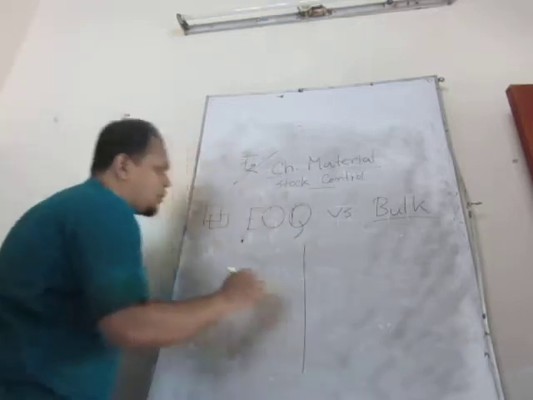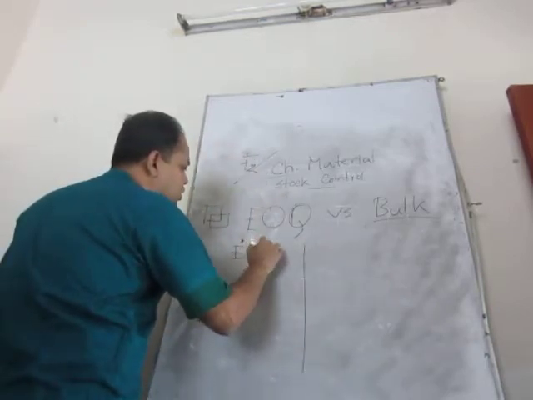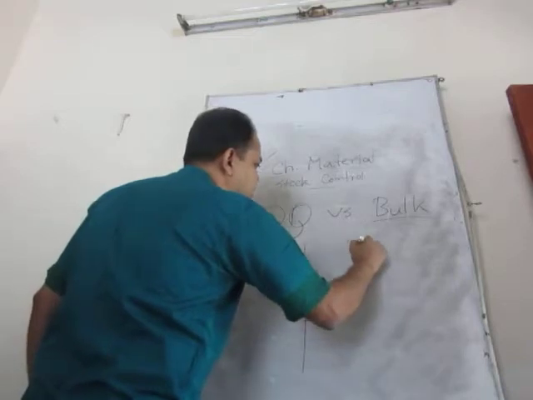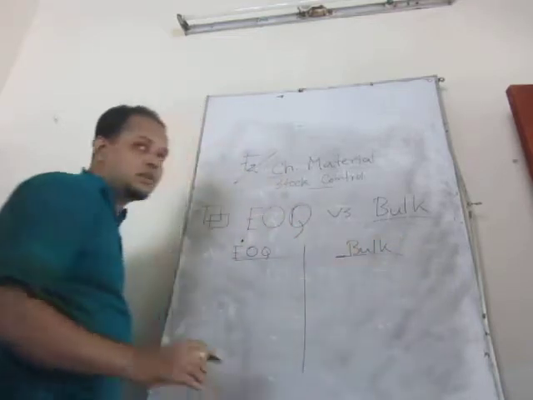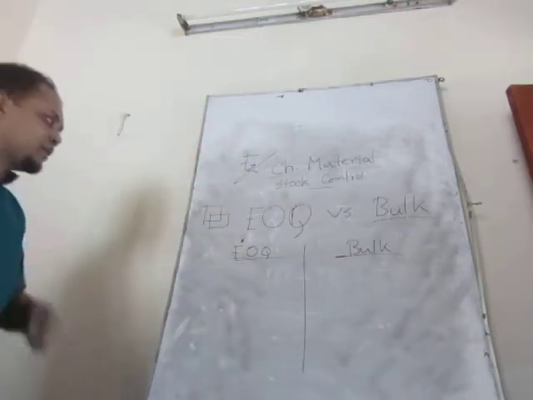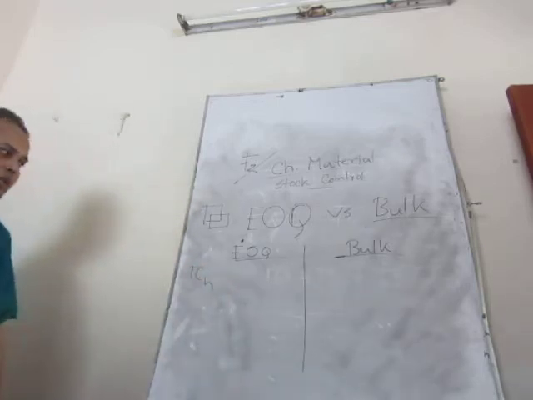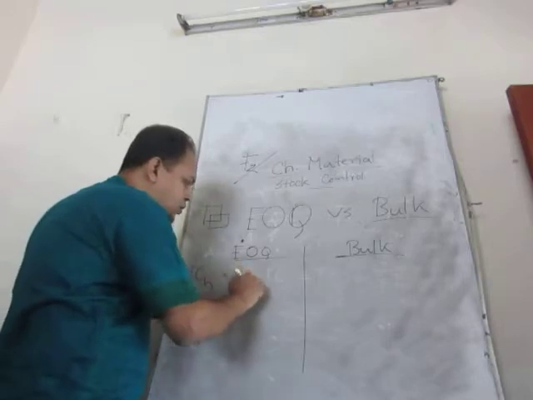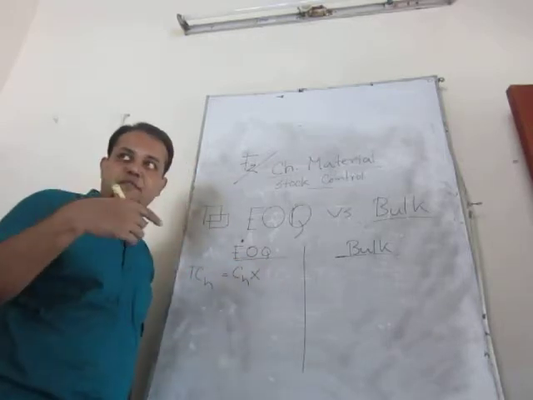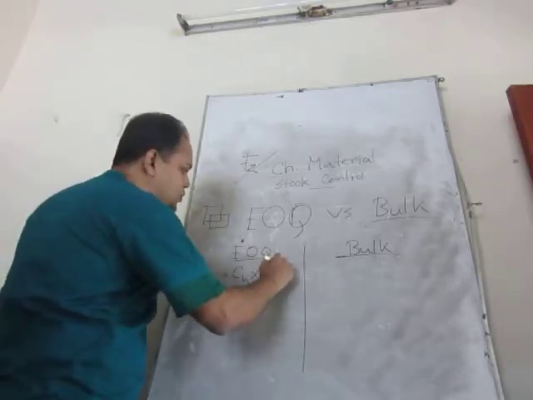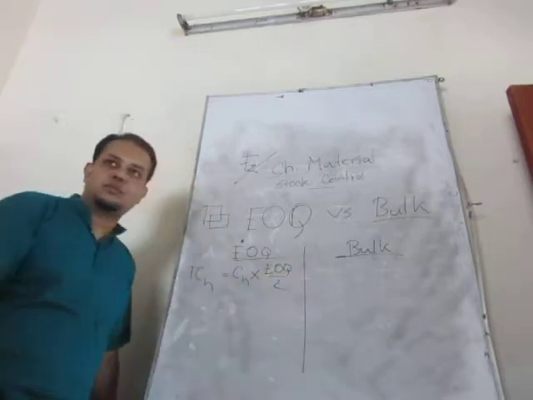So you have to compare between EOQ as well as bulk. Here TCH means holding cost into average level of inventory. That means EOQ by 2.